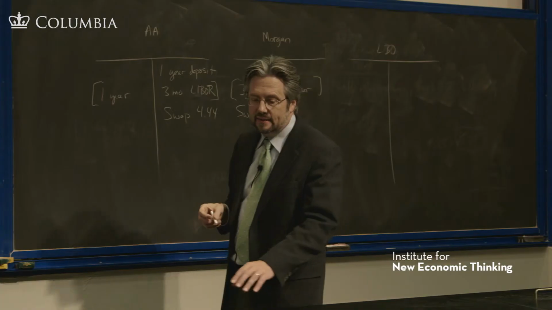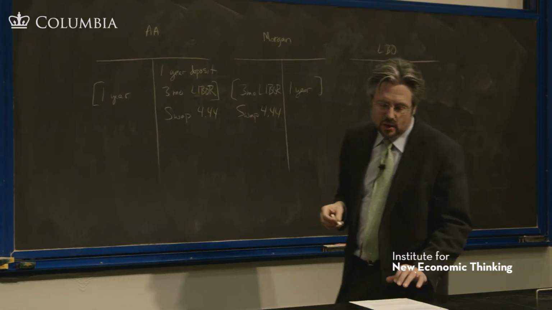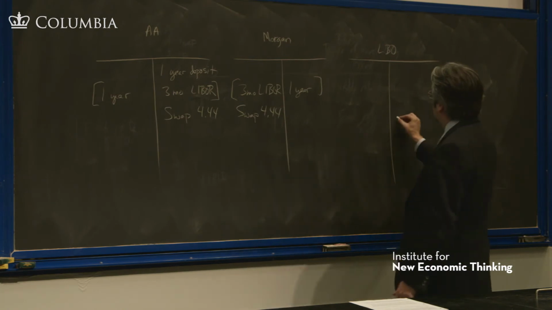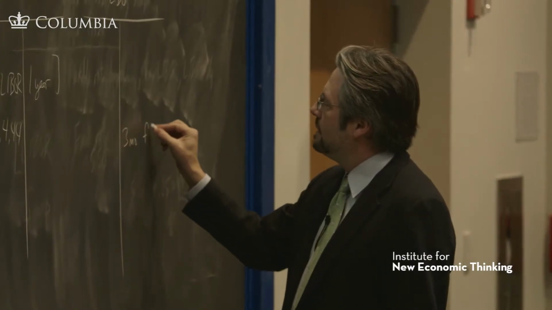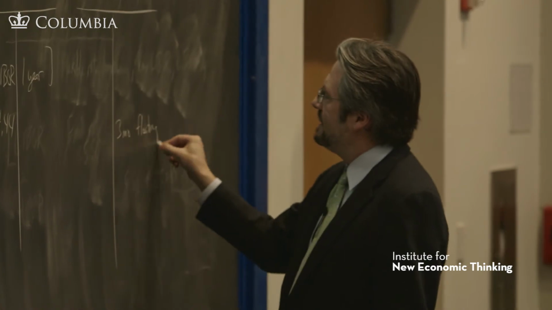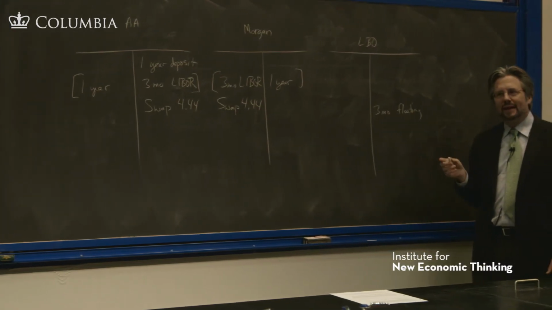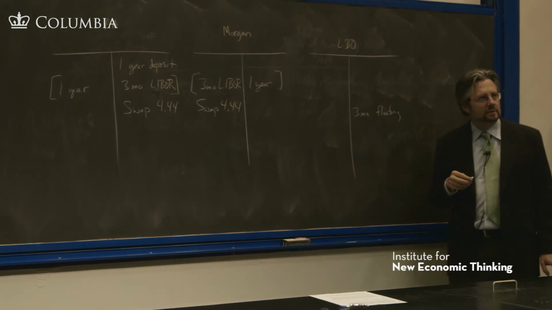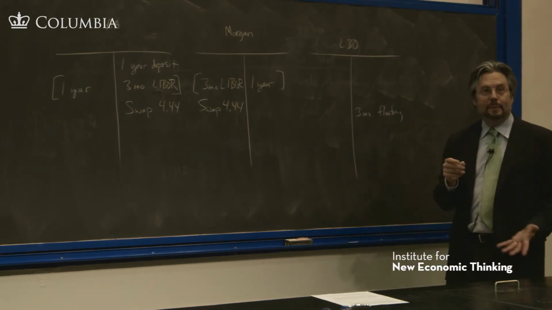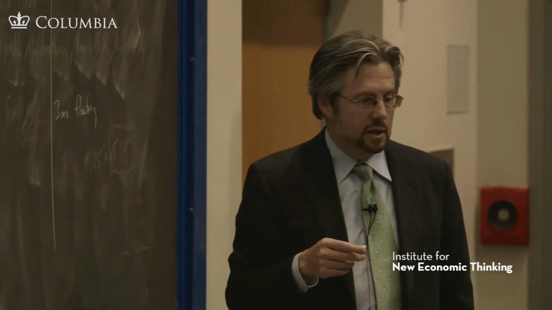Okay. And the example she gives is LBO was able to raise money for 3 months, floating. LBO for leveraged buyout, okay? And they got a bank loan, okay, that is a 3-month floating loan. And they would like to swap that into something a little longer, like 1 year.